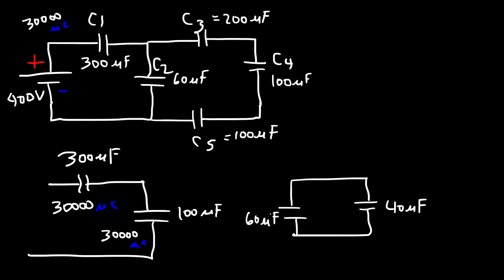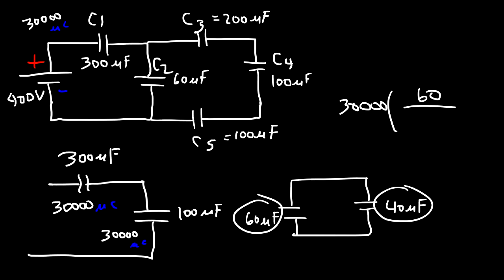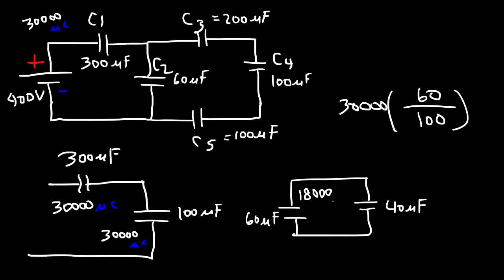So to calculate the charge on the 60 microfarad, it's going to be 30,000 times 60 divided by the sum of these two values, 60 plus 40, which is 100. So it's 60% of 30,000. And so that comes out to 18,000 on this one. And the other one is going to be 30,000 minus 18,000, which is 12,000.